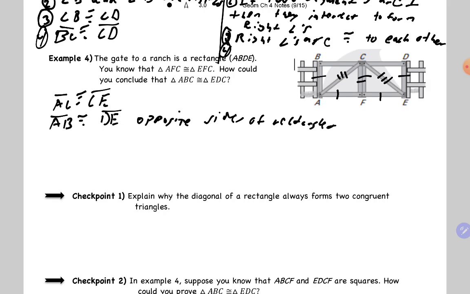Okay, and we know that the corner there is a right angle. So angle B and angle D are right angles and congruent. That's another property of a rectangle, that the four angles in the corners are right angles. So HL.